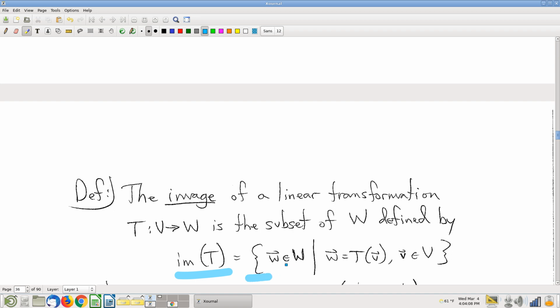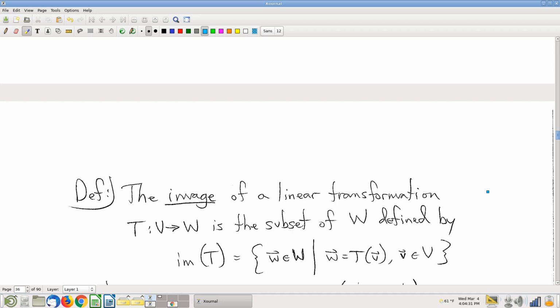It's the set of vectors in the target for which that vector is the output value of the function for some vector that actually is in the domain. Right? Again, it just reads straight off. It's exactly what you think it is. It's the set of actual outputs from the function.